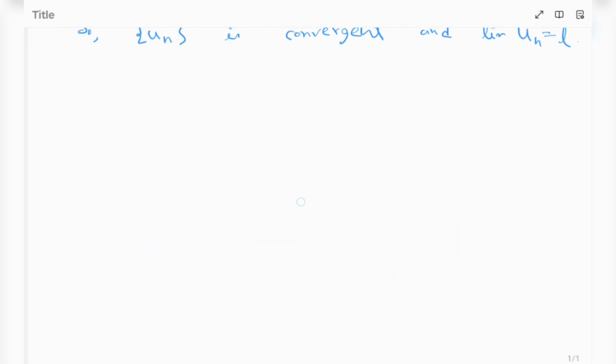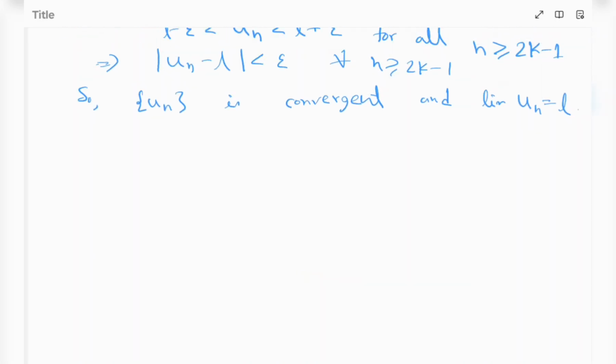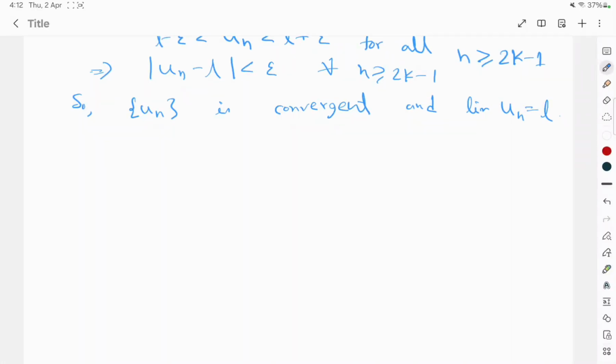Okay, so this is your theorem. Now you have homework 1. This is the same type of thing.